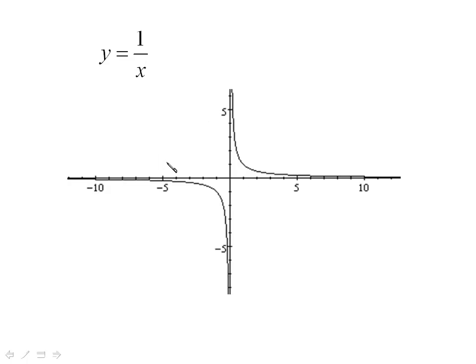This is what y is equal to 1 over x looks like. So you can see that it does not touch the y-axis. The y-axis, in this case, is a vertical asymptote. That's the word.